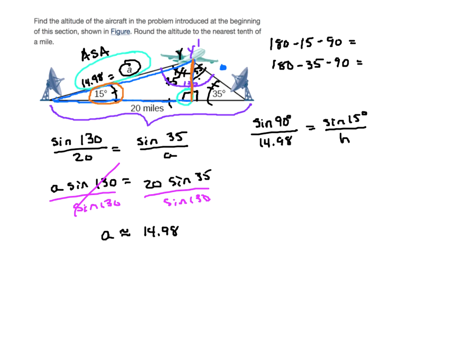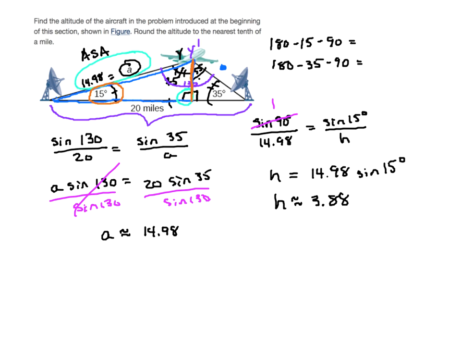Think about your unit circle, and we're talking about the y value. Yes, this whole numerator is just 1. So I can cross multiply now. 1 times h is h. H is equal to 14.98 times the sine of 15 degrees. I did not have to convert that to 1. I could have left it as the sine of 90 degrees and divided it off both sides and you get the same thing, but this makes it a lot neater.